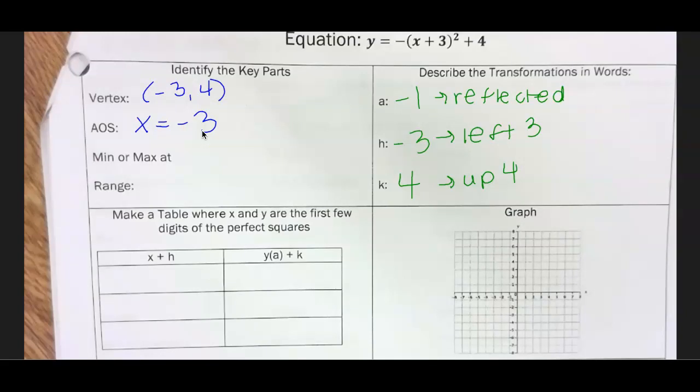So we said the graph is reflected. So that means it opens down like a frown. So does that give me a min or a max? A max. My max is always at K. What is my K value? 4.